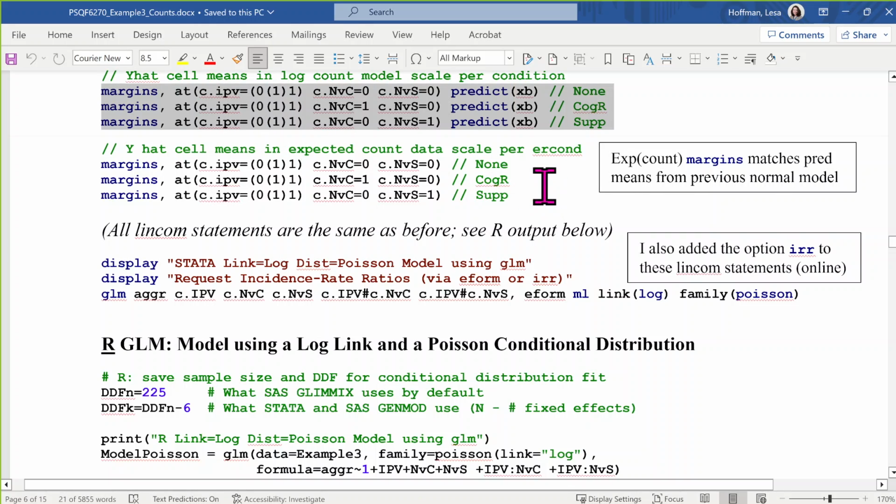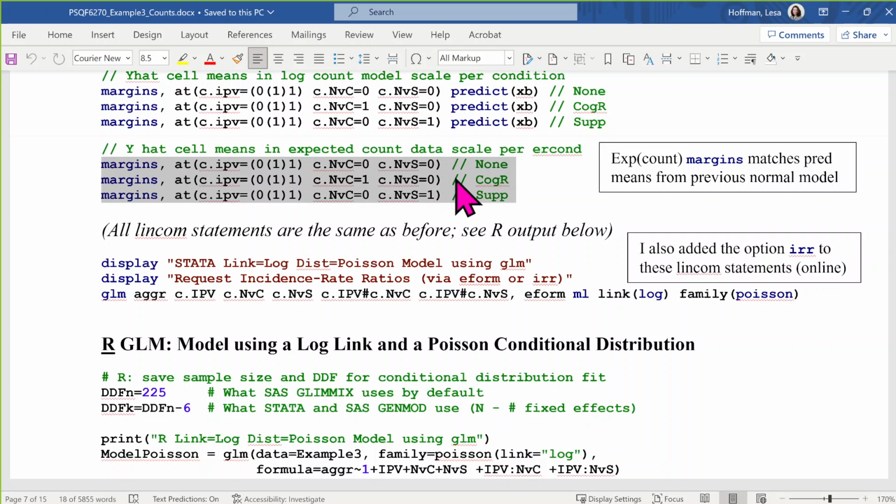The expected count, so if I unlog it, exponentiate it, is given to us by the margins without that option. So the default in Stata is to give you predicted outcomes in the original data scale of expected count rather than the model scale of log count. But these numbers are not going to translate into anything in your estimates table, which are in logs instead.